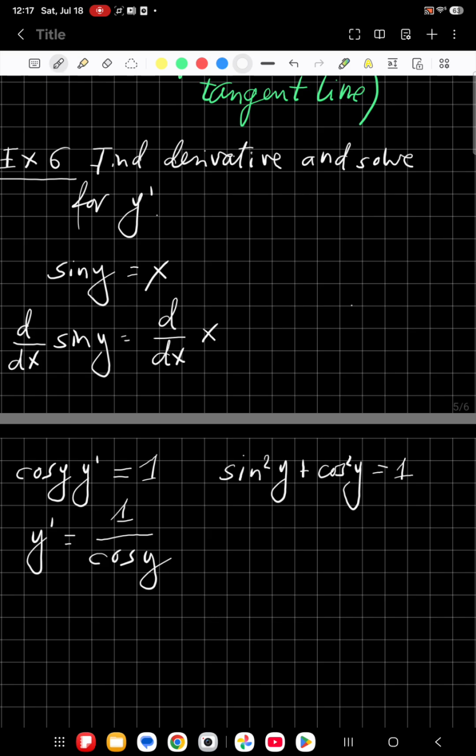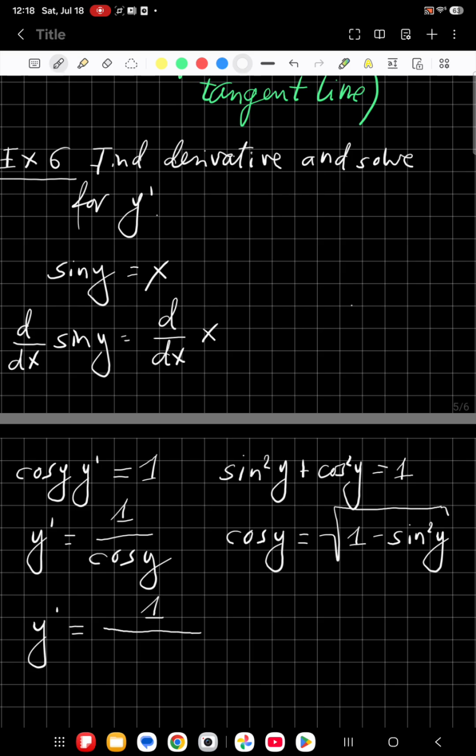I need to replace cosine y, so it would be the square root of 1 minus sine squared y. Let's replace that cosine y with the square root. So y prime is 1 over the square root of 1 minus sine squared y.